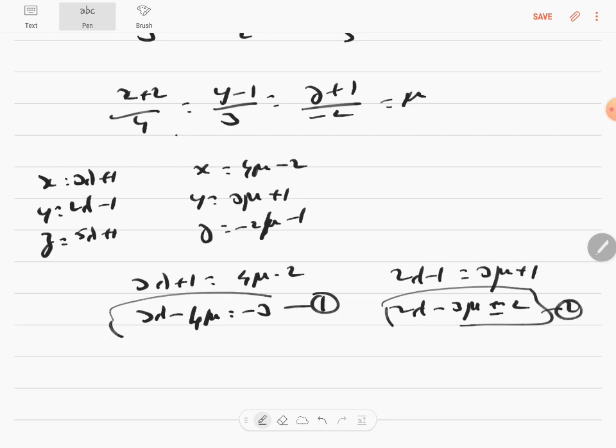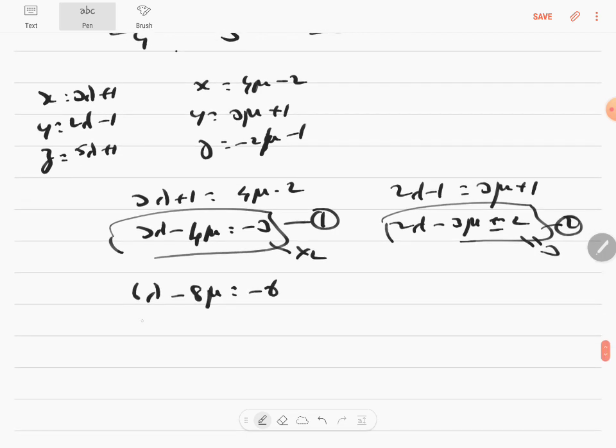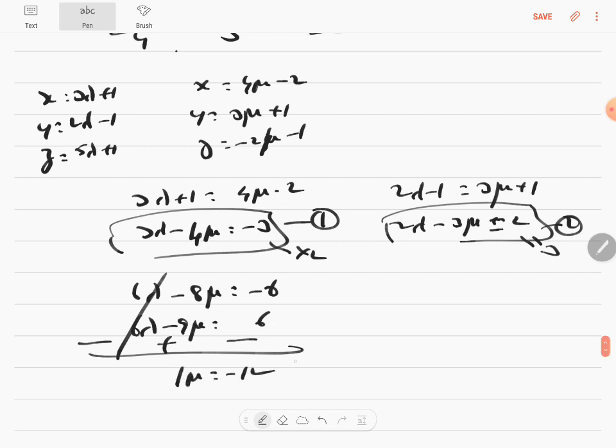Solving these two equations, you can multiply the first equation again by 2 and this with a 3. So it becomes 6 lambda minus 8 mu is equal to minus 6, and this will be 6 lambda minus 9 mu is equal to 6. And it's minus, plus and a minus. It becomes 1 mu is equal to minus 12.